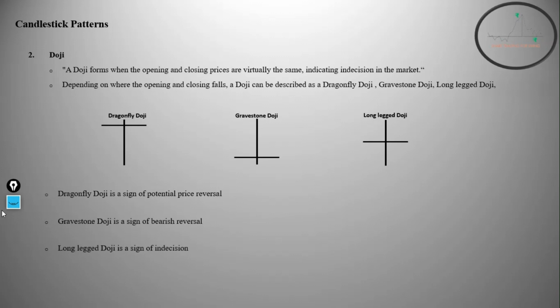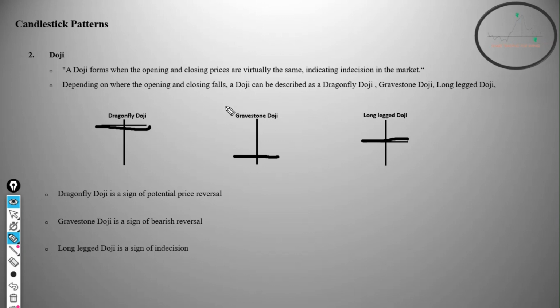If you look at the candle, where is the body? The body is at the upper part. In gravestone doji, the candle body is formed at the bottom level, and in long-legged doji, which is the most confusing, it is at the center level.